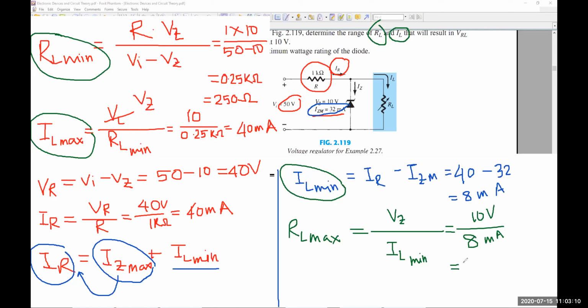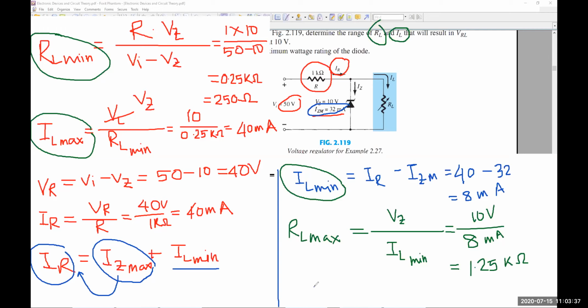So 10 divided by 8, 1.25. No, kilo ohm, sorry, not milliampere. Okay, so what is your range now? Your range is this one.